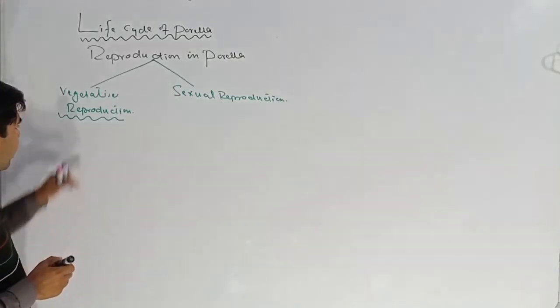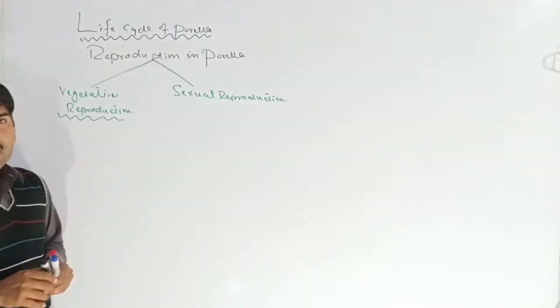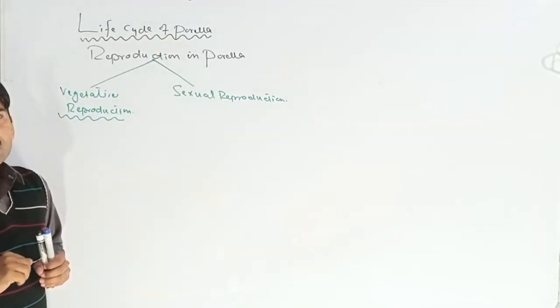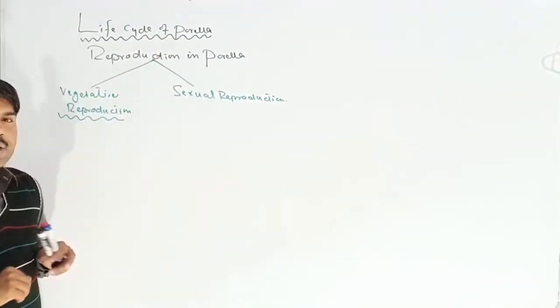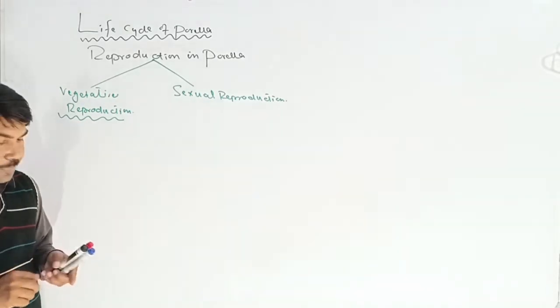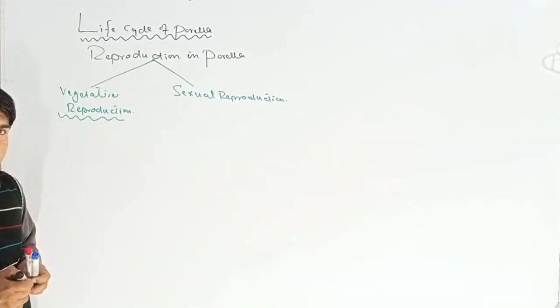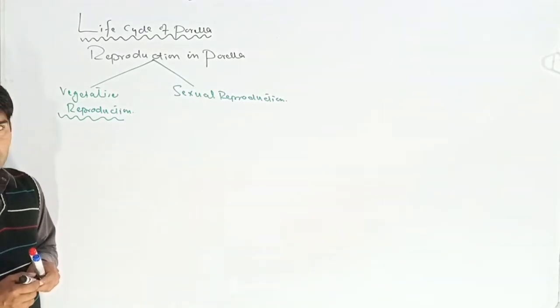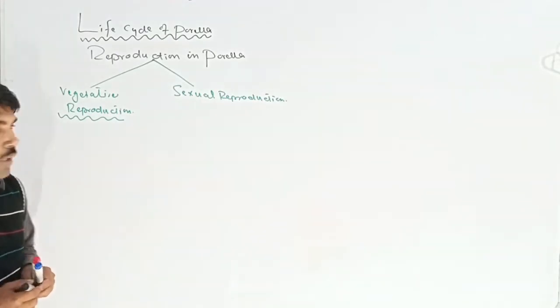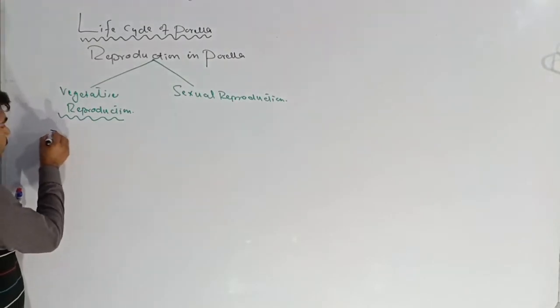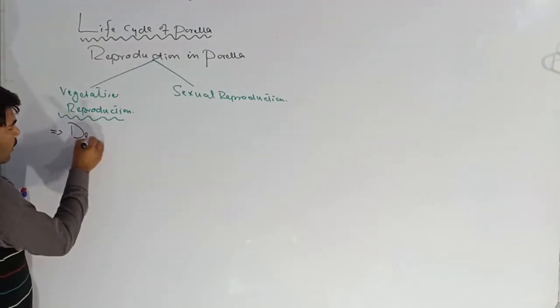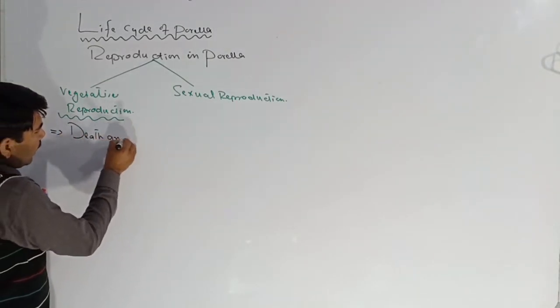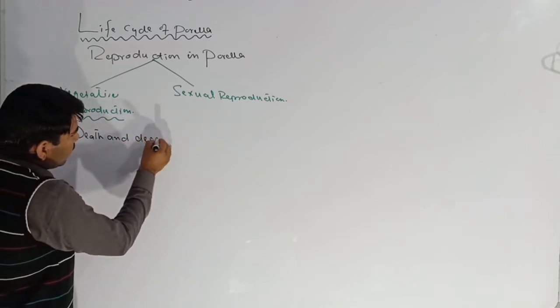First we will discuss vegetative reproduction. When we talk about vegetative reproduction, there are three methods through which it takes place. Which are the three methods involved in asexual or vegetative reproduction? The first method is known as death and decay.